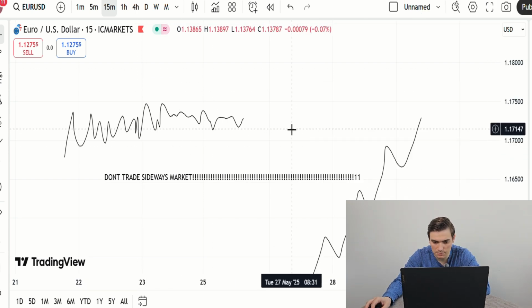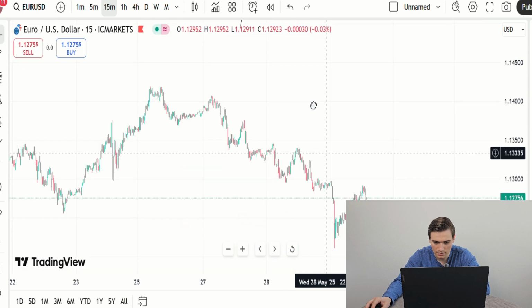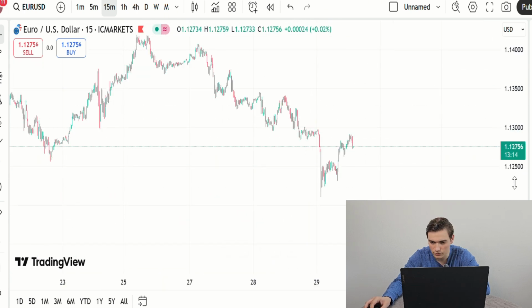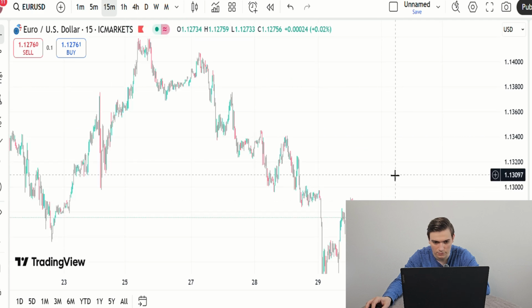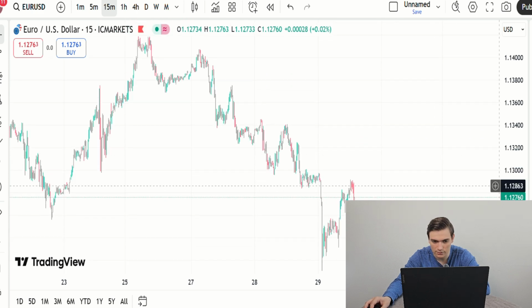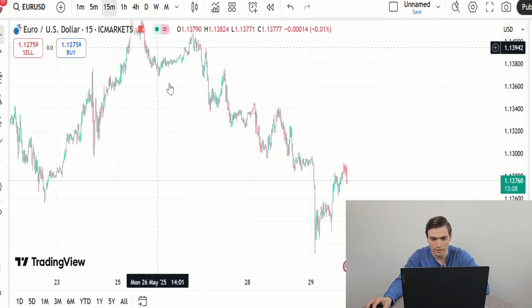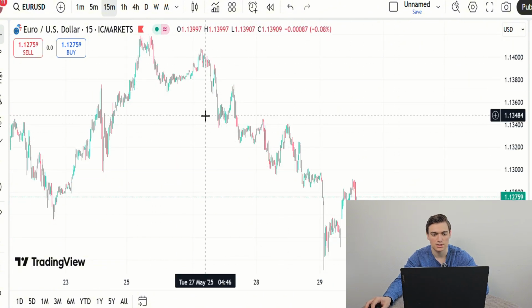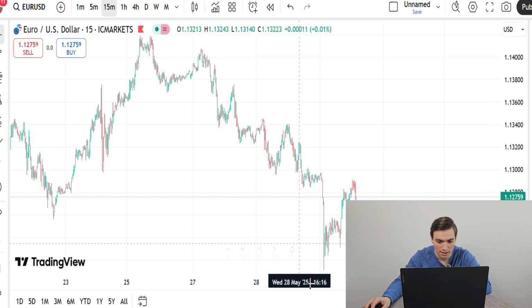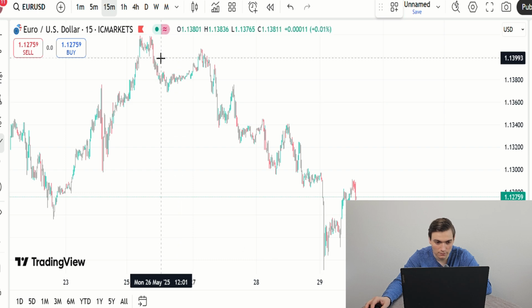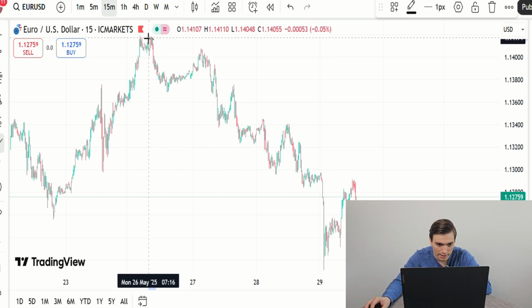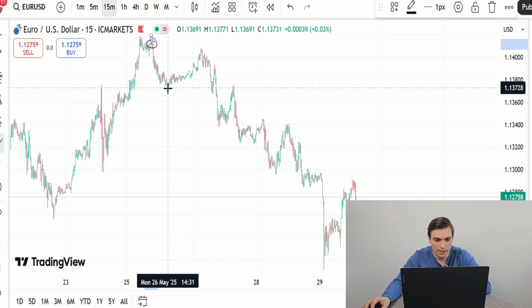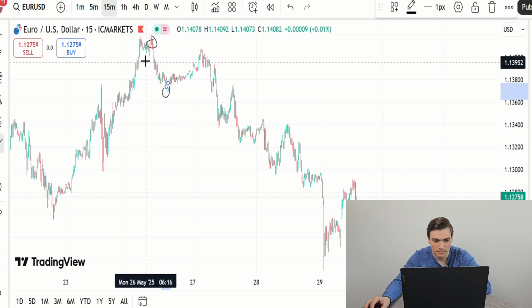Let me show you guys some examples on the chart. Right now, on the euro against the dollar, what do we have right here? What is this? This is an uptrend. Nah, just kidding. Of course not. This is a downtrend. The market went and formed a high right here. Then it formed a low right here.